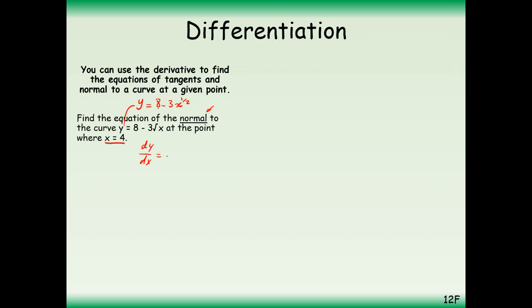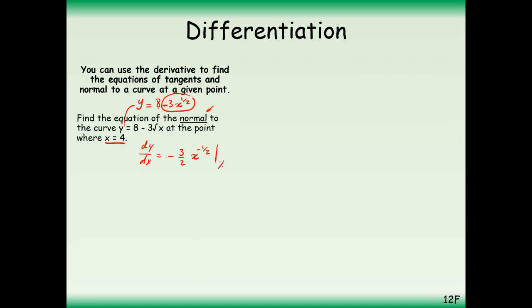We have a constant at the front, that constant disappears, and then we get to do the power rule on this term here. Don't forget the minus sign belongs to this term, not the 8 that disappeared, so we got a negative 3 over 2 x to the power of minus a half.